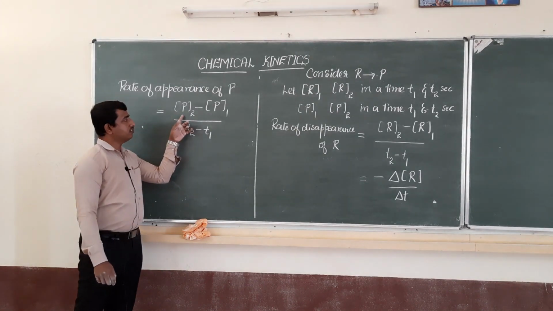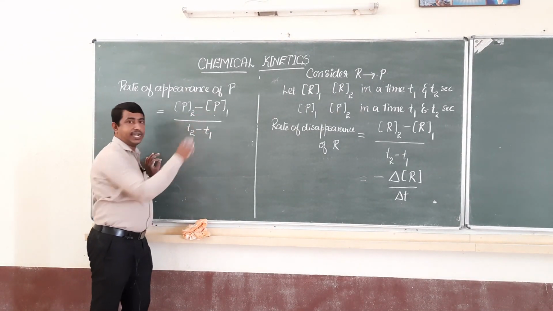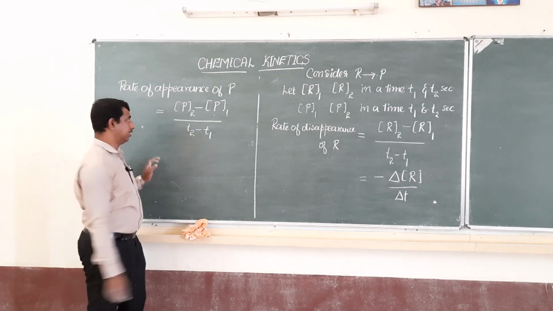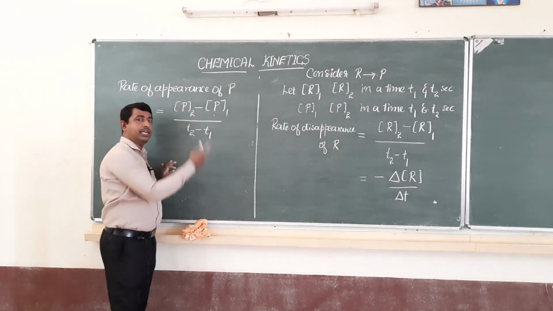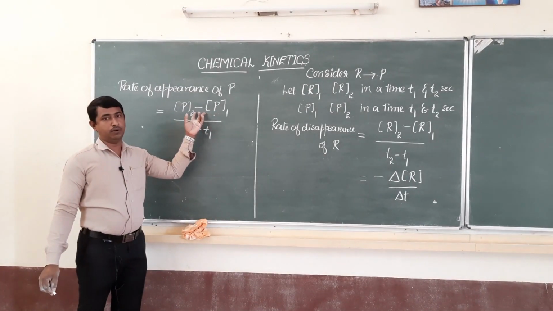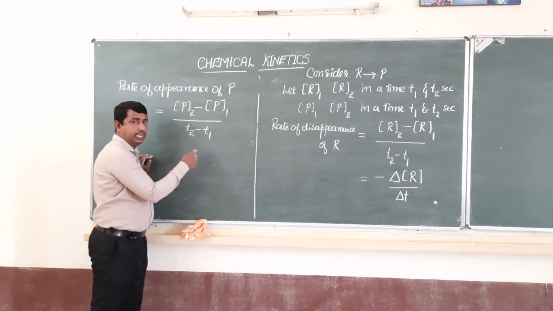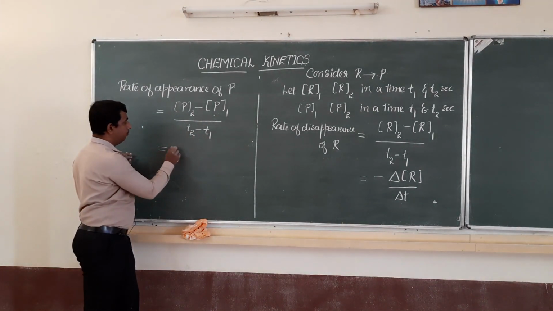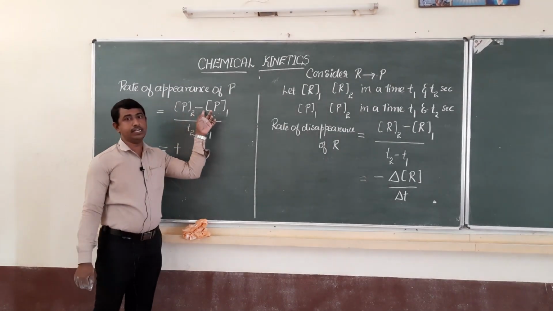We know that in a chemical reaction, the concentration of the product goes on increasing. So the P1 value will be less and the P2 value will be higher. So P2 minus P1 is a positive quantity divided by T2 minus T1, that is delta T. So I will write it as plus, because P2 is greater than P1.